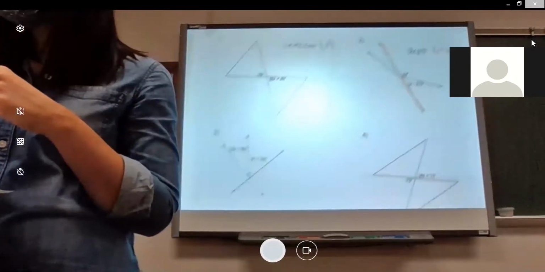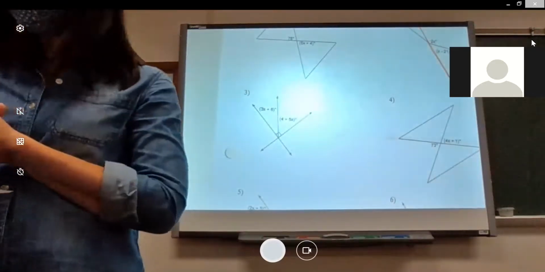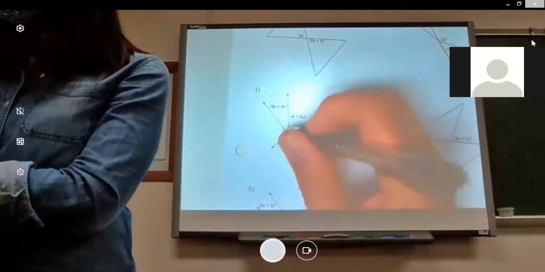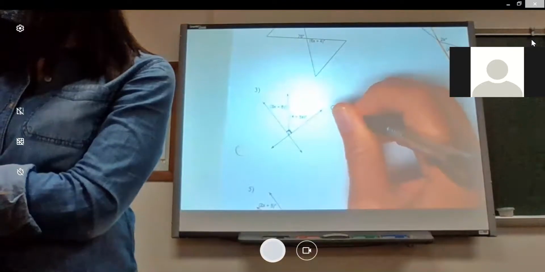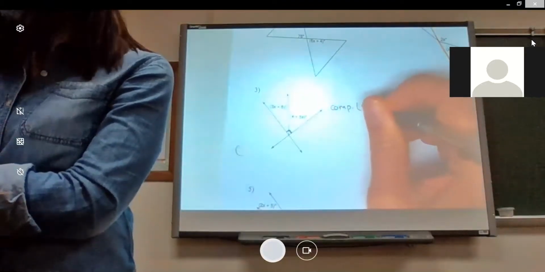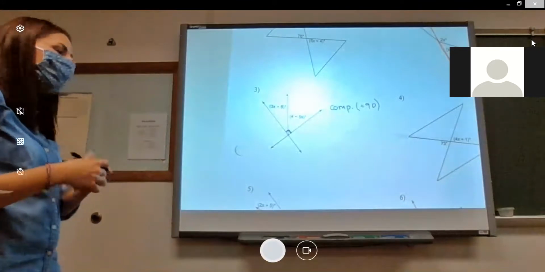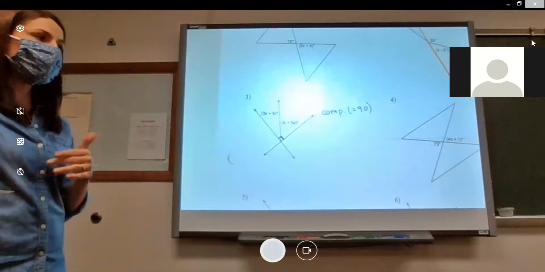So then what angle relationship do I have on 3? They're creating a right angle, so these are complementary angles, or they add up to 90 degrees. The first 3 on here include all 3 cases.